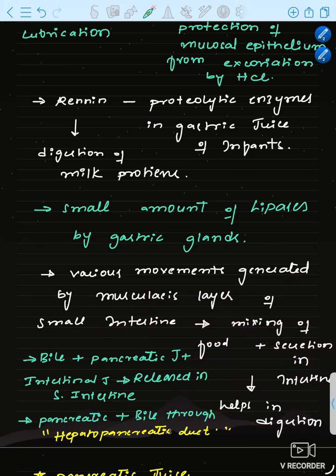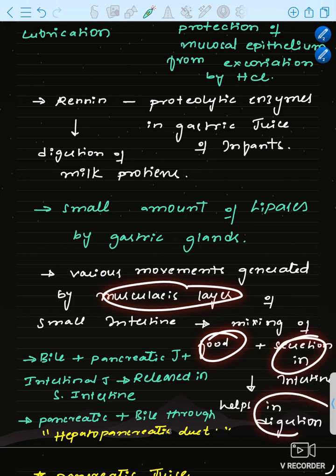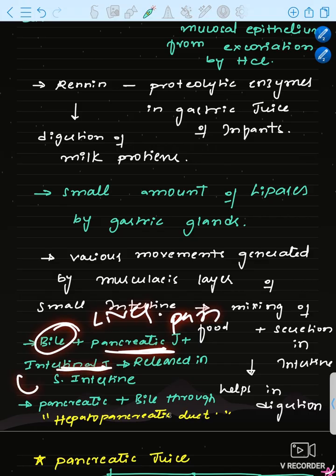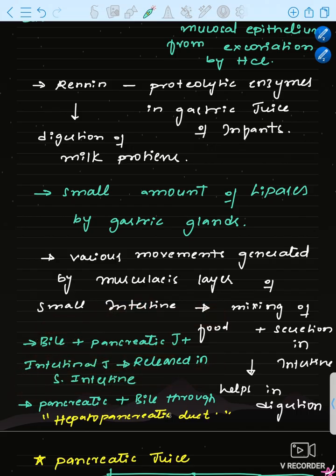Now see, three secretions are released in the small intestine: bile from the liver, pancreatic juice from the pancreas, and intestinal juice from the duodenum.